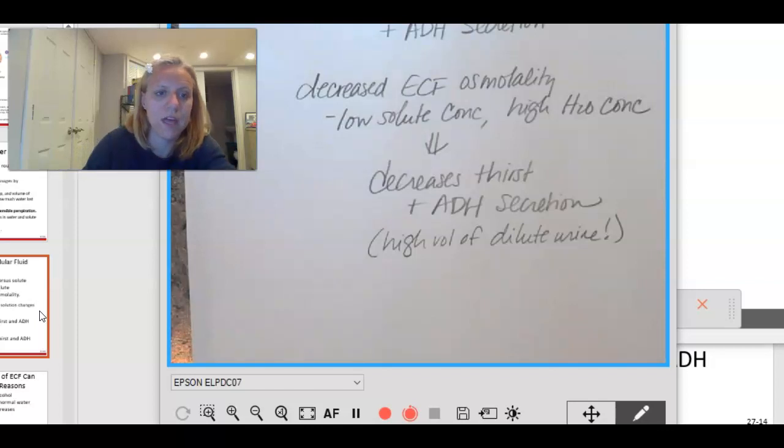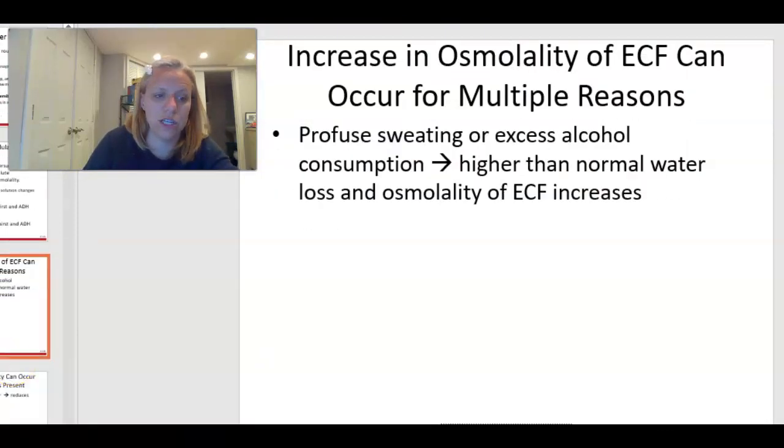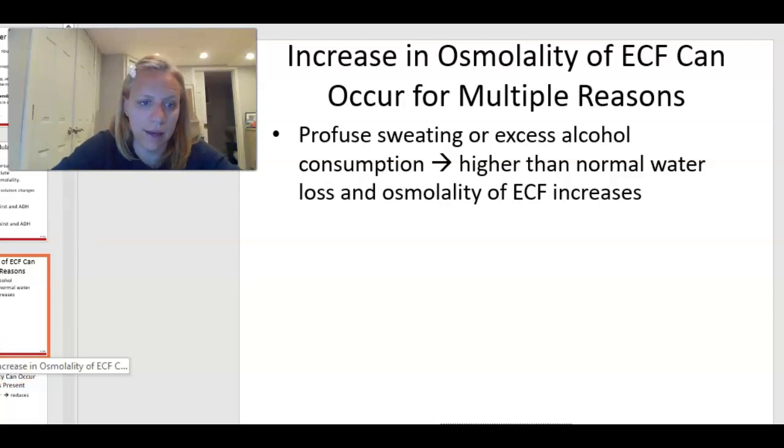All right. So why would we have changes in osmolality, right? Let's think about some of the things that might cause this. An increase in osmolality of our ECF can occur if you're profusely sweating. You're sweating like crazy. You will lose some solutes, but you lose a lot of water in sweating, okay?